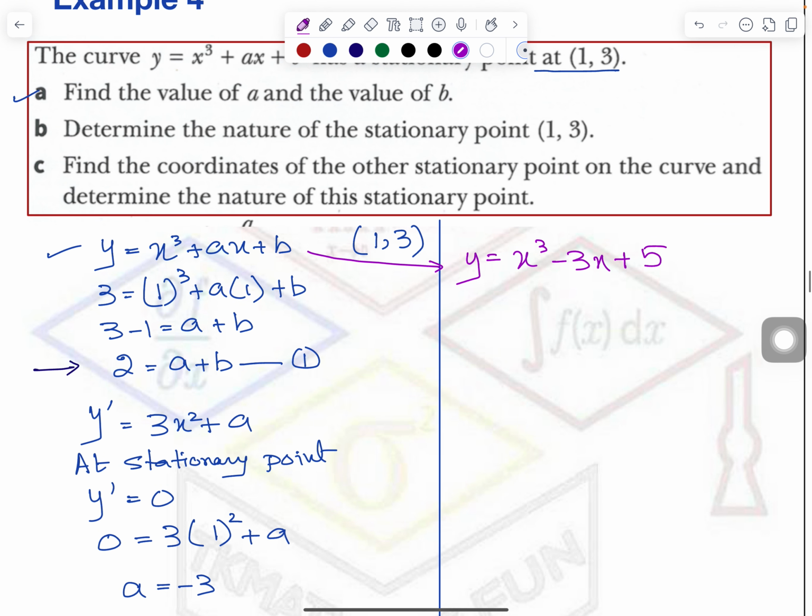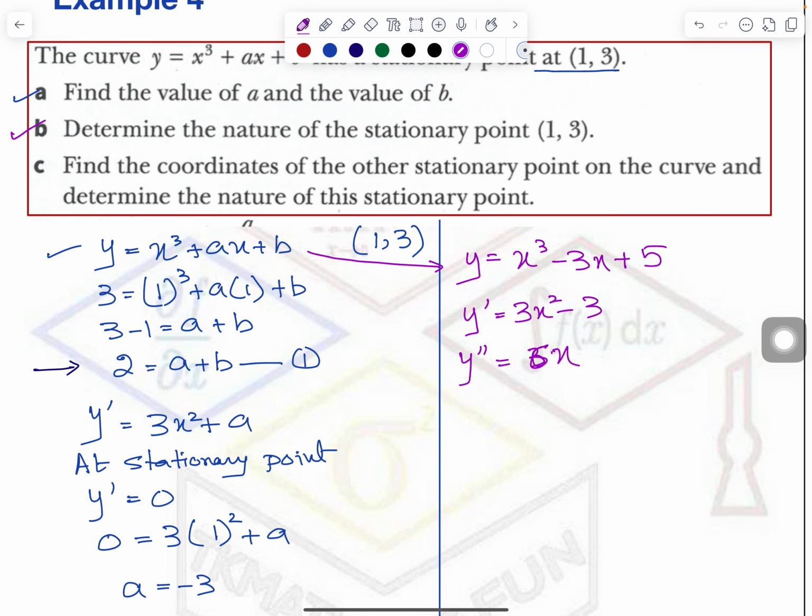Part 1 is solved. Part 2: determine the nature of the stationary point. So I will differentiate it 2 times. First time differentiation gives you the gradient function. Then you differentiate it a second time. It gives you what?